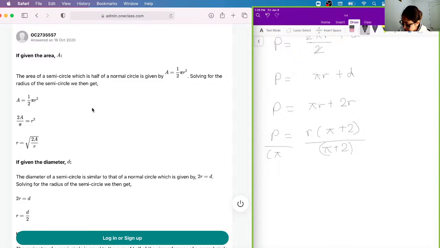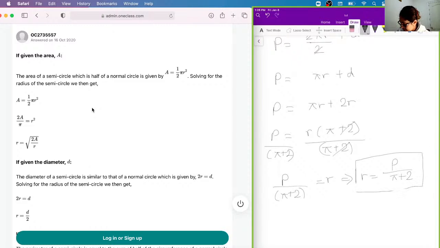So these two cancel out. So you basically have r is equal to p, your perimeter, over pi plus 2.